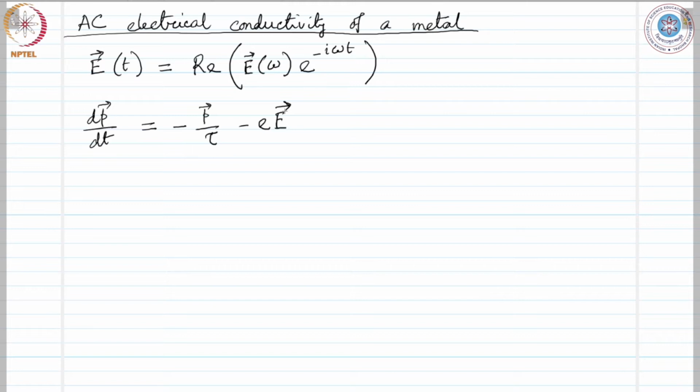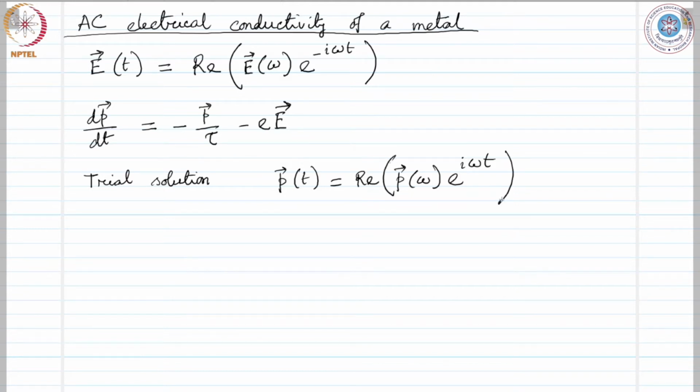Now, we want a steady state solution for this problem. So, let us consider a trial solution for this differential equation. We can consider an exponential trial solution, p(t) equals p omega e power minus i omega t, and we have to take the real part of this quantity because the momentum is real.